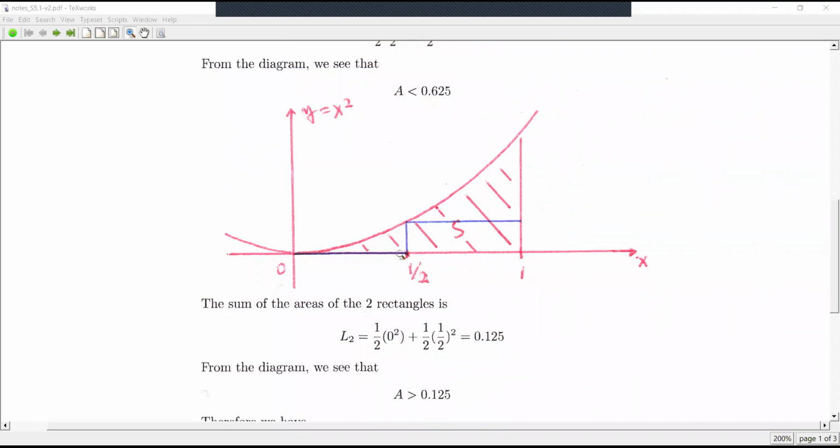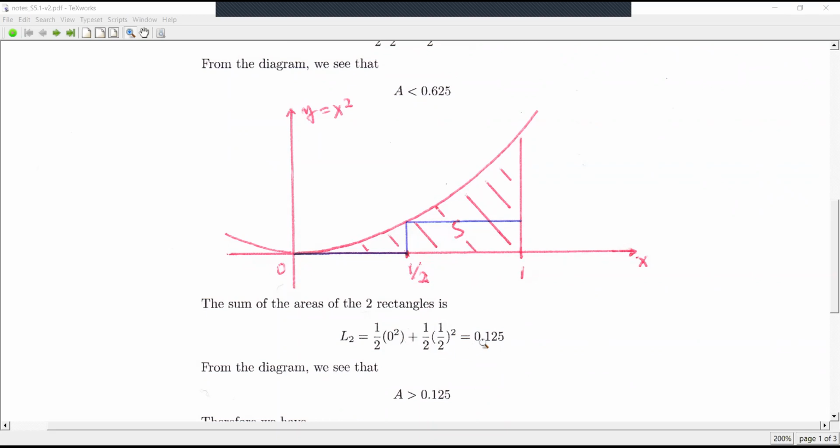Area of the first rectangle, the height is 0, so area is 0. Area of the second rectangle is base 1/2 times height, function value at 1/2, 1/2 squared. So this number is the area of this rectangle. Now make a sum.